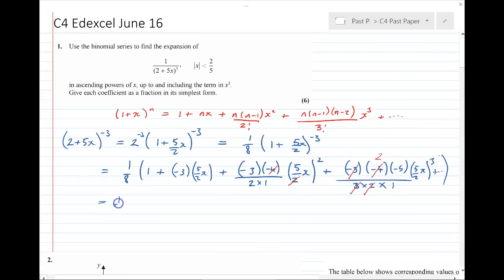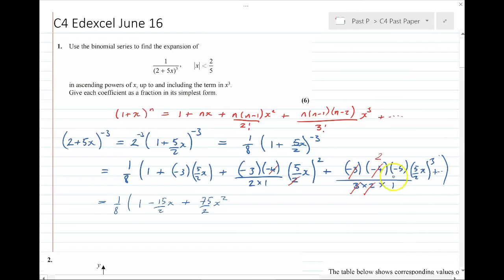So we have 1 over 8, 1, -3 times 5 over 2 is -15 over 2 x. Now I've done this cancelling here, I can see I've got 25 and I've got 3, and I've got a 2 on the bottom, and the negatives cancel, so that's plus 75 over 2 x squared.